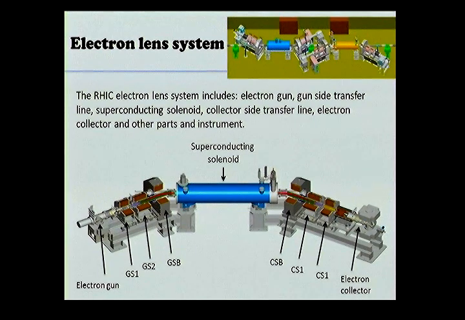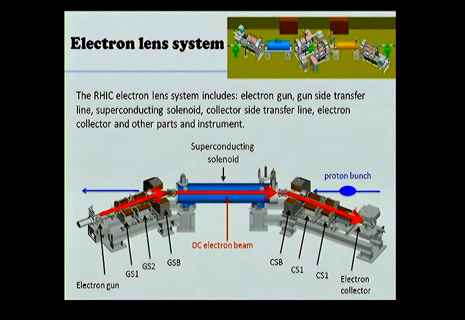This one is the electron collector. The electrons generated from the electron gun go through the gun side transfer line and are guided into the superconducting solenoid, and then guided out and dumped at the electron collector. The proton bunches come from the right to the left. They go inside the superconducting solenoid, and in the solenoid, they go through the electron beam.